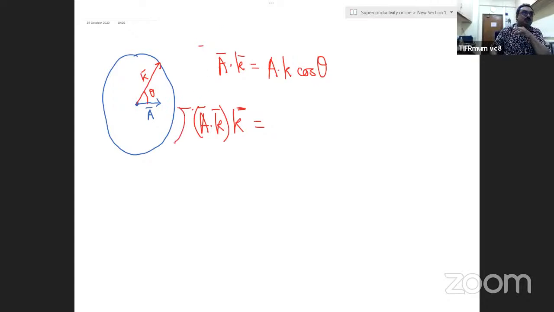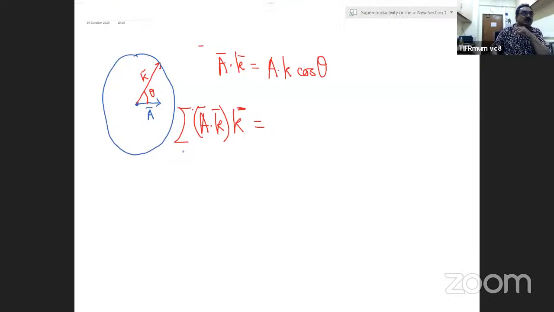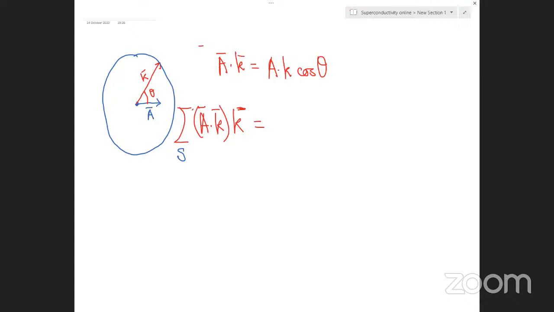When I sum over this blue surface, it should give you 0 then, because all of them are taking opposite directions.